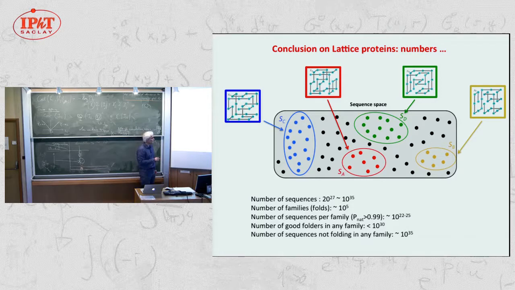There are 10 to the 5 families. According to the entropy computed from the Potts model, which is some kind of upper bound, the number of sequences per family, that is the size of these blobs here, where a family means p naught larger than 0.99, ranges between 10 to the 22 and 10 to the 25, depending on family. Some are bigger, others are smaller.